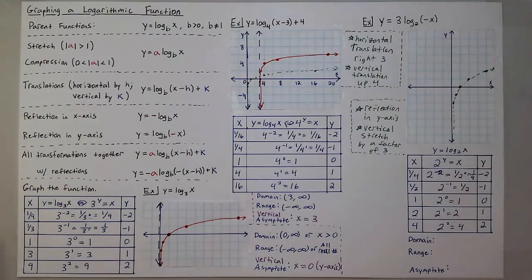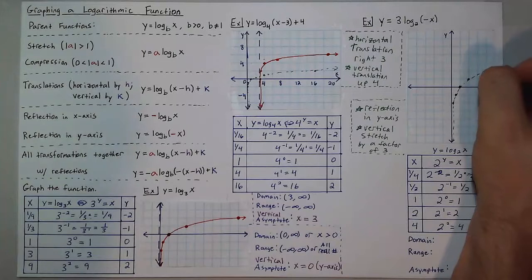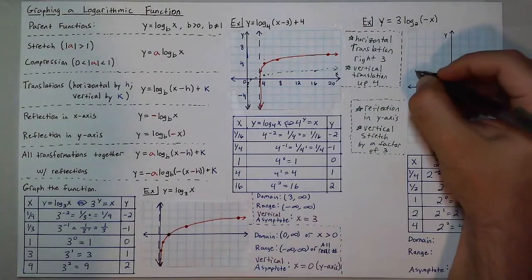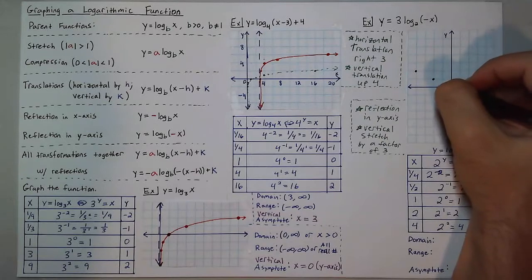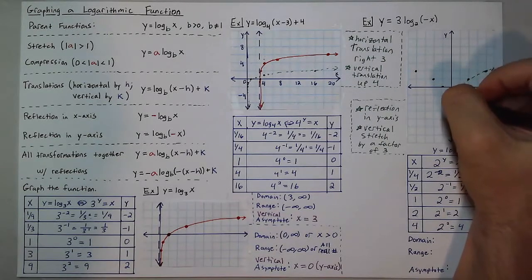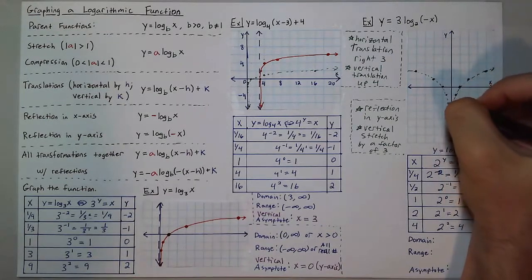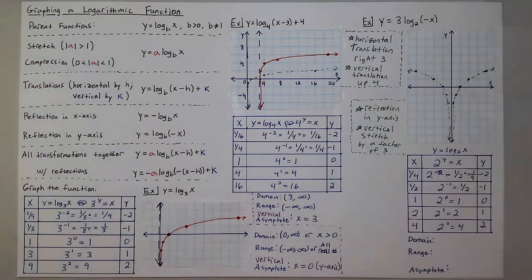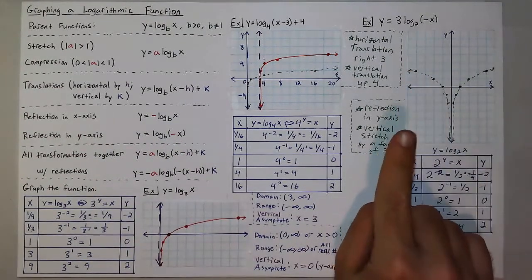So to plot this, I'm first going to reflect it across the y-axis. So every point will be reflected across the y-axis. So it looks very symmetric here. And then I'm going to vertically stretch the graph, which means I'm going to multiply all of the y values by 3.